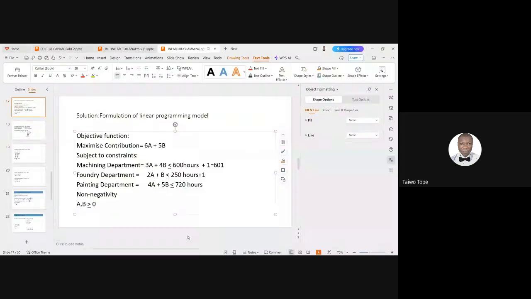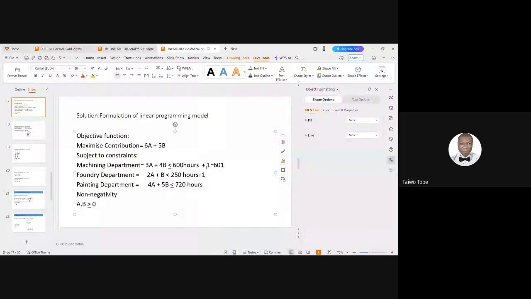We said hours are limited in the various departments. If I should add 1 hour to these 600 hours, what will be the extra gain? What will be the extra contribution? What will be the extra benefit that this 1 hour will bring to this department?